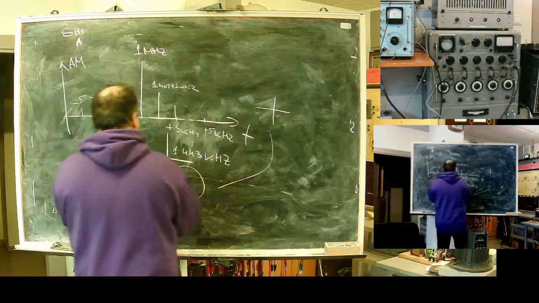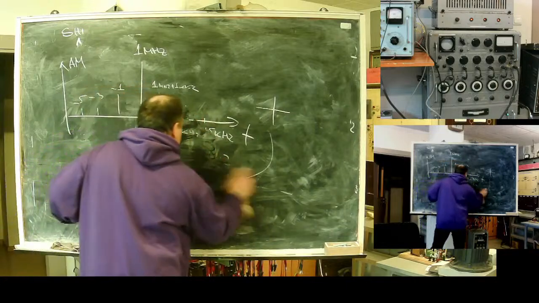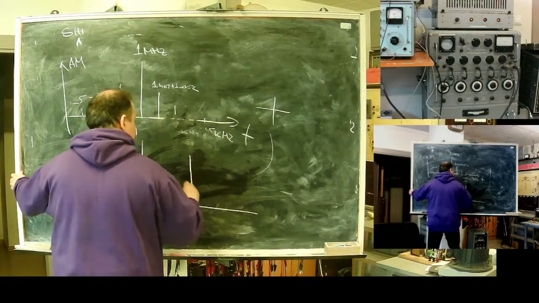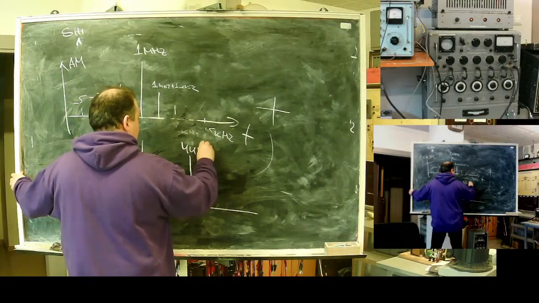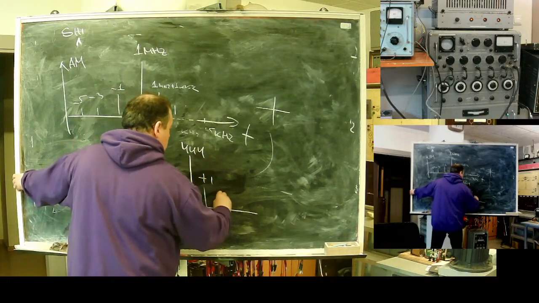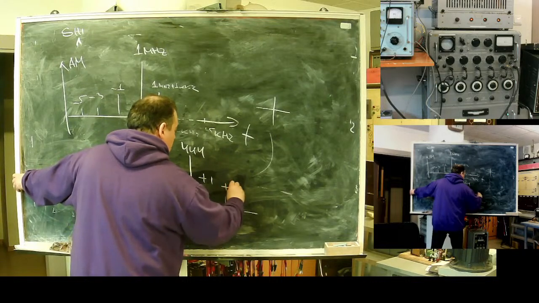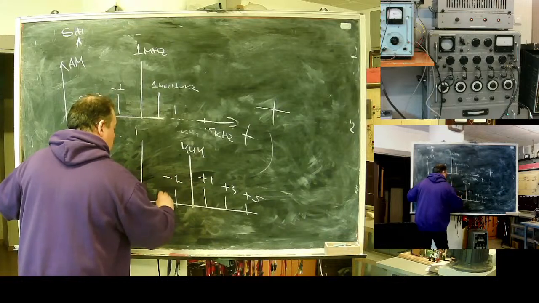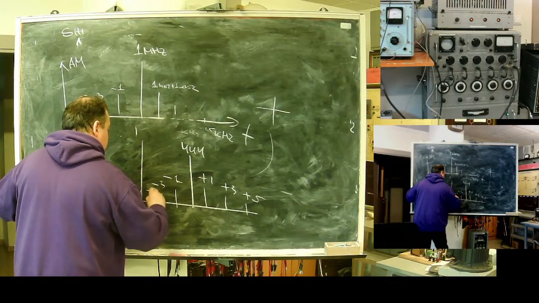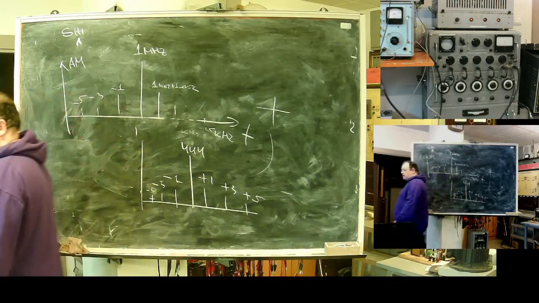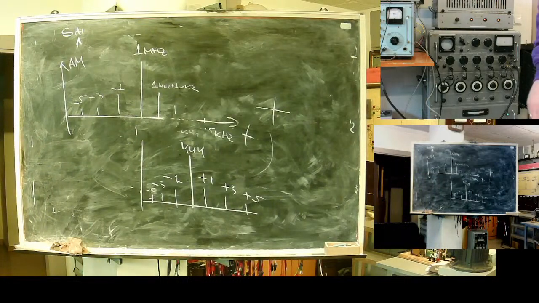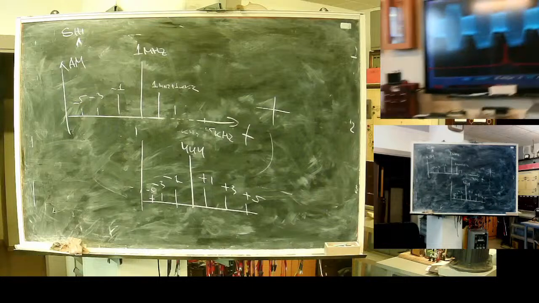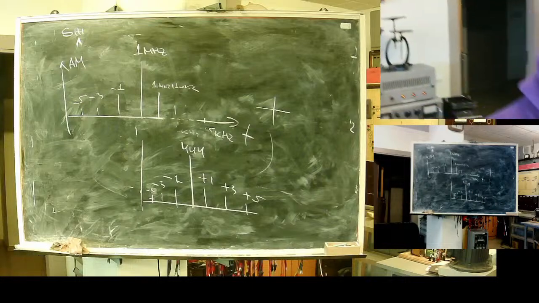Now I have my signal, F 444 plus 1, plus 3, plus 5, minus 1, minus 3, minus 5. I got my signal spectrum. Oh no, I got my camera damaged.